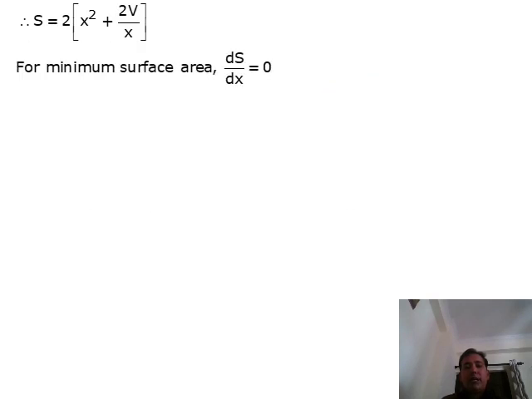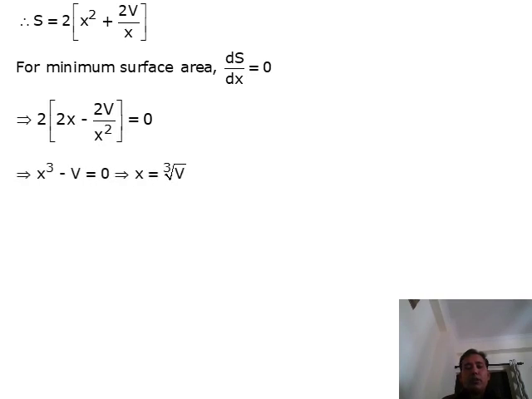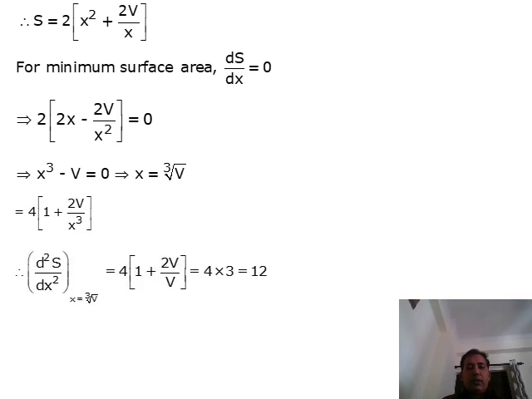For minimum surface area, d S upon d x will be 0. On differentiating, 4 x minus 4 V upon x square will be 0. On simplifying, x will be equal to V power 1 upon 3. The double derivative will be 4 plus 8 V upon x cube, which is 12, positive.